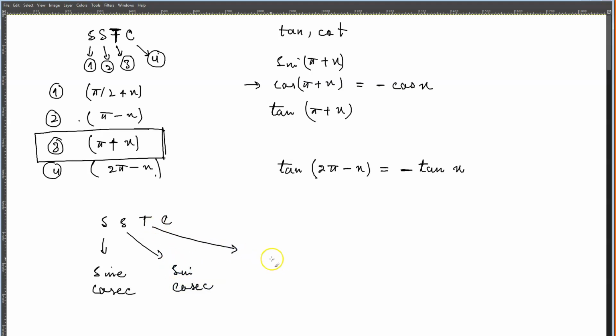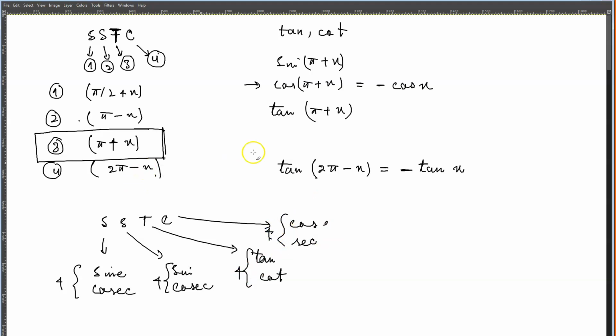The third T stands for tan and cot. And the C stands for cos and secant. And that means that these are all positive. And that way you can remember everything. So it's pretty simple, really.